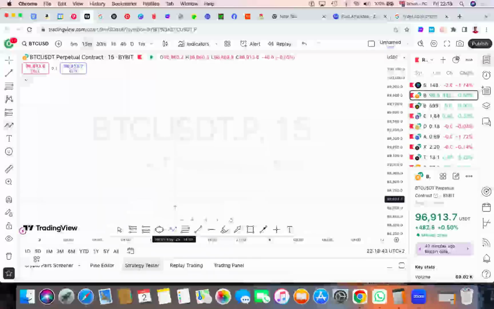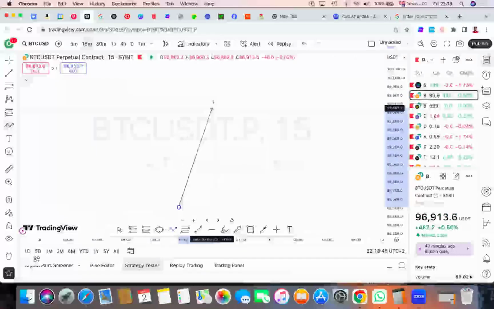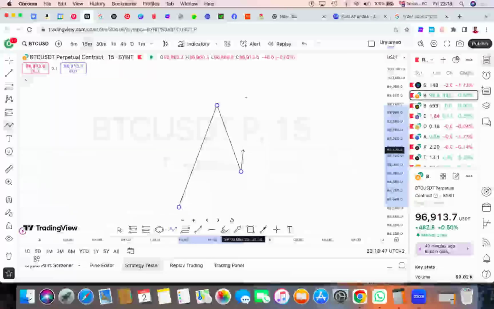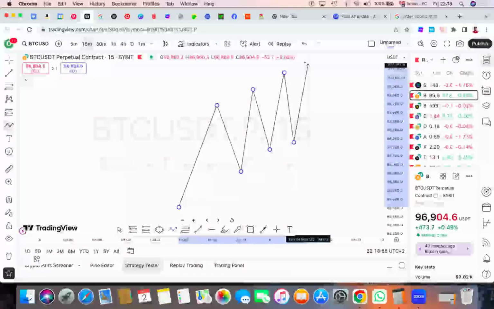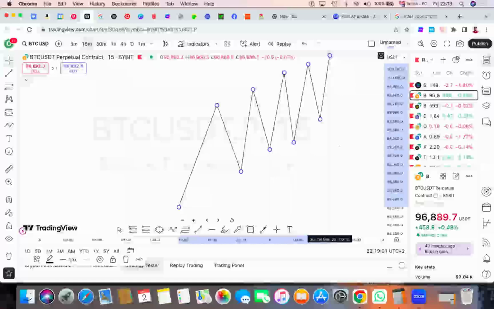So there will be something like this. In an uptrend scenario, you have the market creating higher highs and higher lows, right? And then breaking structure to the upside, like we defined the other time. So it's breaking structure to the upside.